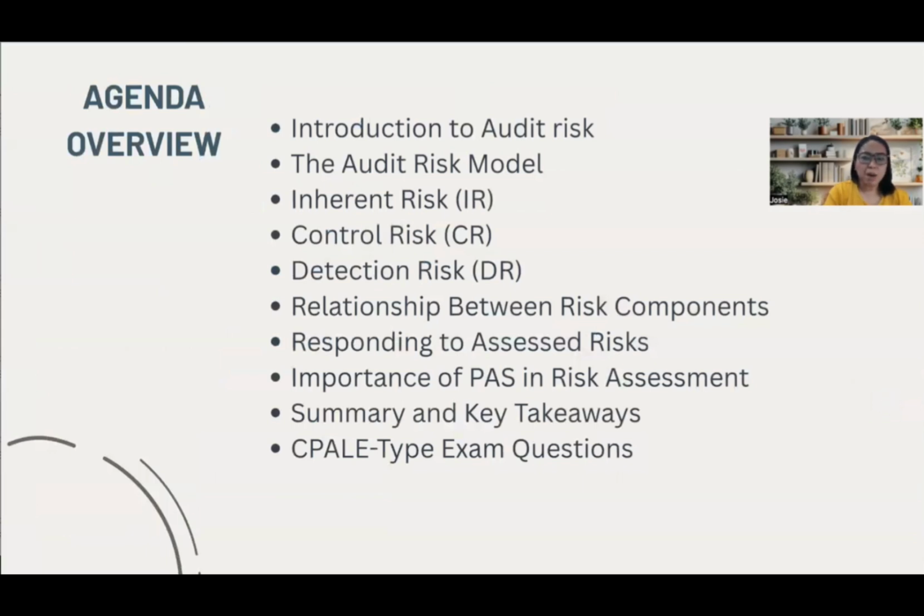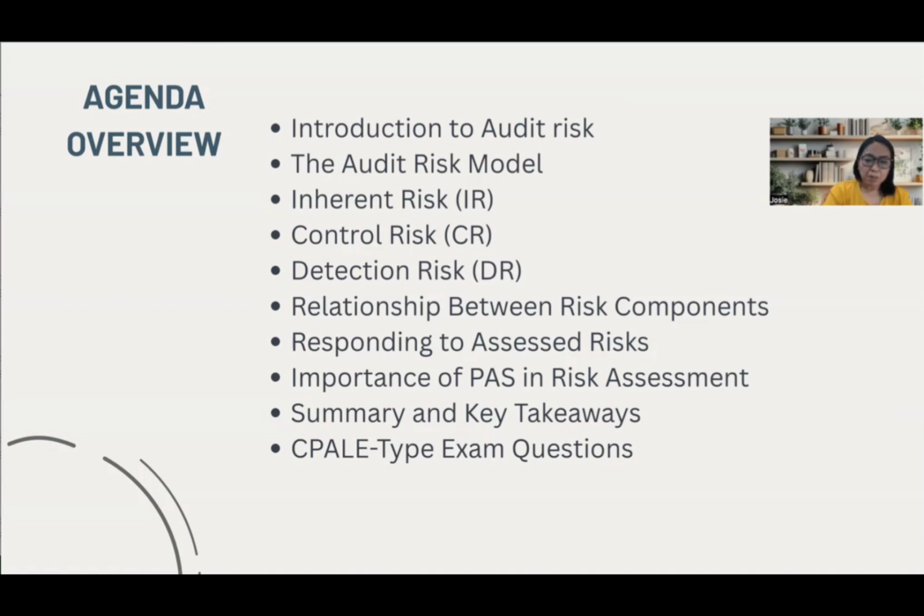So here's the roadmap of what we're going to cover for today. We'll begin by defining what audit risk is. Then we're going to dive into the audit risk model, which is the core framework of audit risk. And then we are going to thoroughly discuss each of its components: inherent risk, control risk, detection risk. We're also going to discuss the relationship between risk components, responding to assessed risks, and the importance of PAS, the Philippine Auditing Standards, in risk assessment.